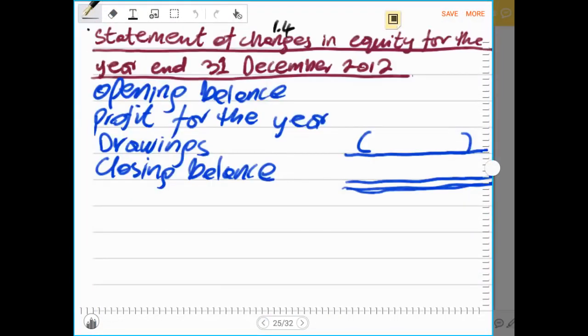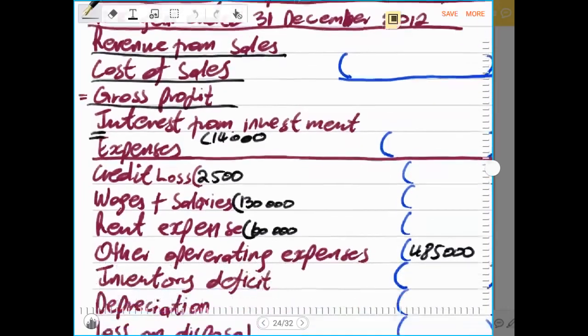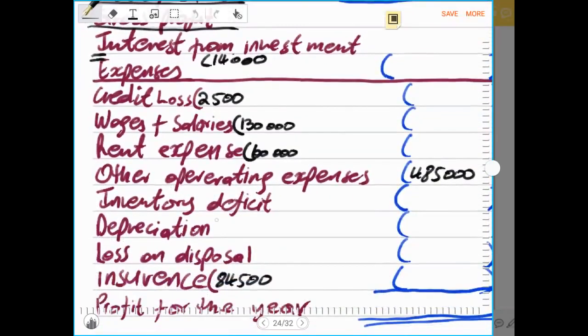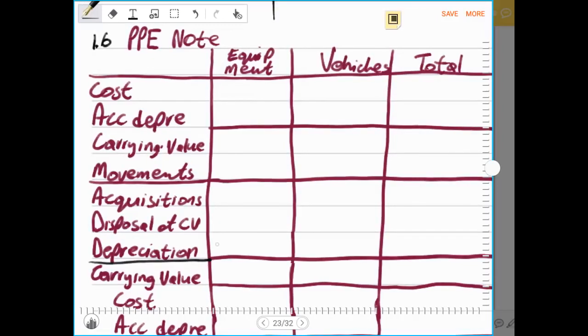So in the income statement we have our depreciation for the equipment as 32,000 rands, and in the note, under depreciation, in the column of equipment, we record negative 32,000 rands, because these are the movements during the year.